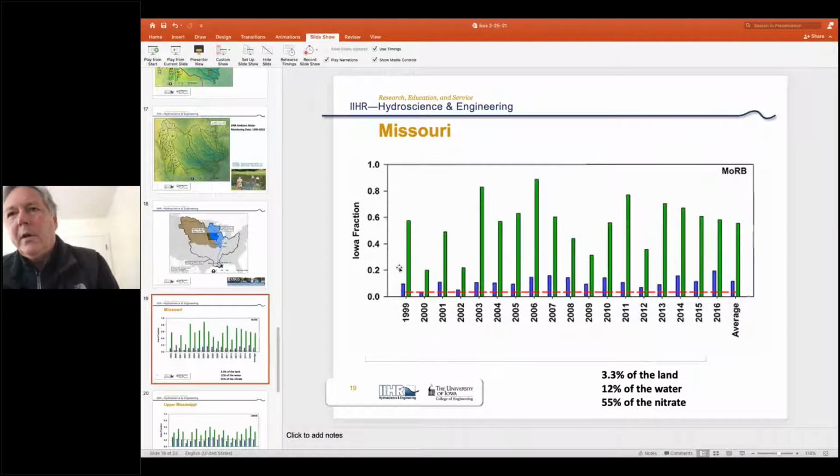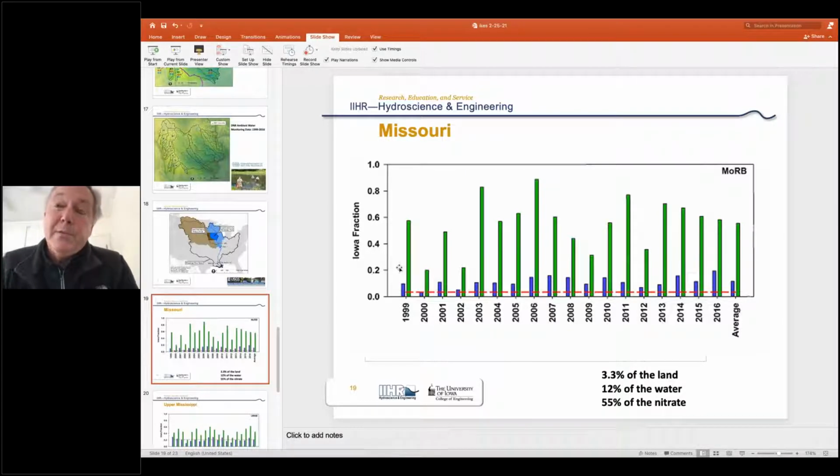When we look at that area, it's 3.3% of the entire Missouri River watershed, right? The Missouri watershed's huge, goes clear to the Continental Divide. We have 3.3% of the land. We contribute 12% of the water, but we contribute 55% of the nitrate to the Missouri River.